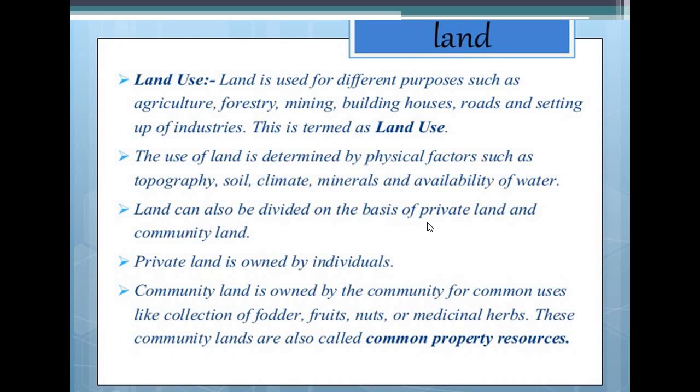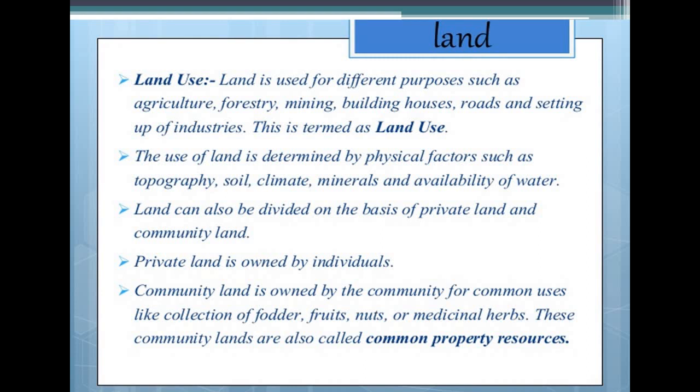Land can also be divided on the basis of private land and community land. Private land is owned by individuals. Community land is owned by the community for common uses like collection of fodder, fruits, nuts, or medicinal herbs. These community lands are also called common property resources.